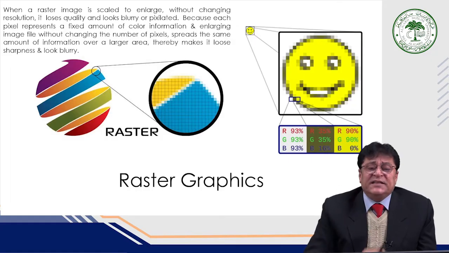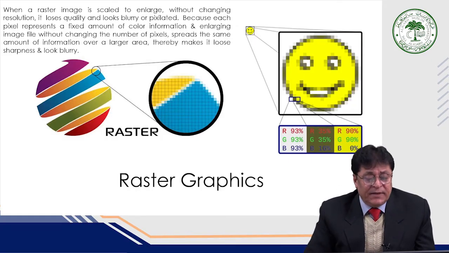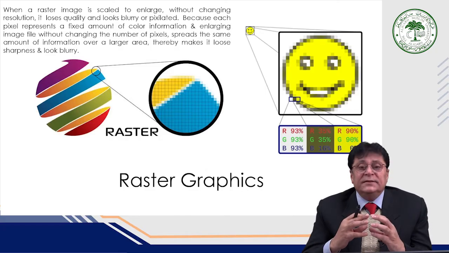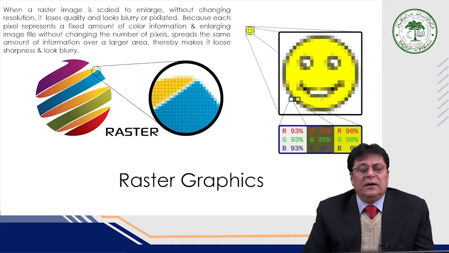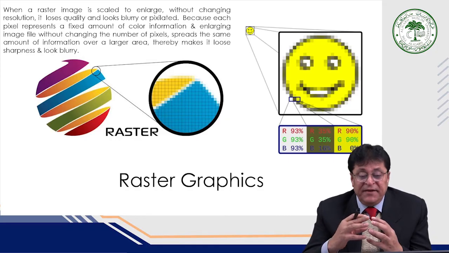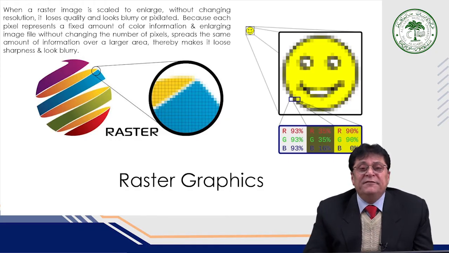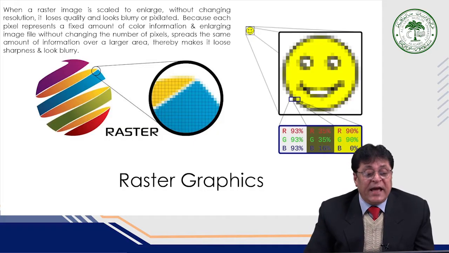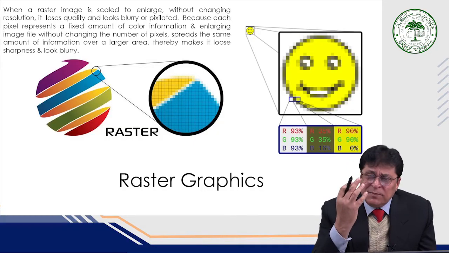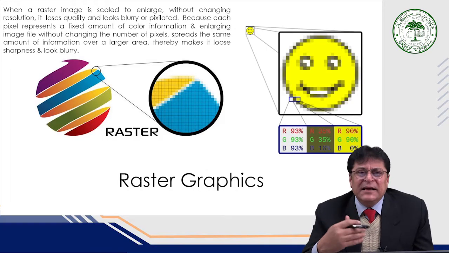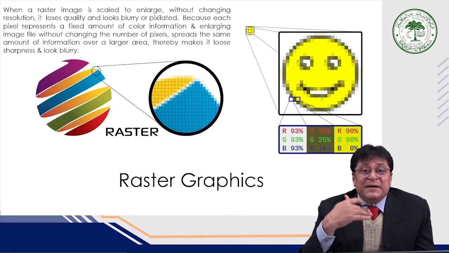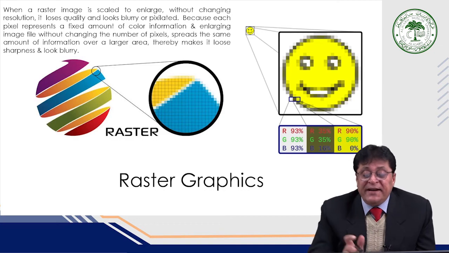Now, we were discussing scalability. What happens when we increase the scale of a raster image? Means when we enlarge it without changing its resolution, what happens? You must have found that it loses its quality and it becomes pixelated or blurry. Why does it happen?